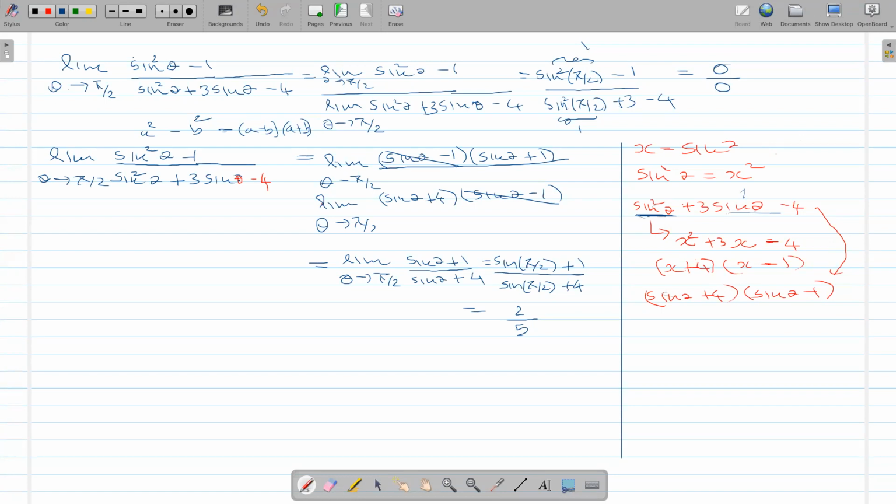Okay, also you can solve this using another method. We will learn that later when we do differentiation. You can use L'Hopital's rule also.